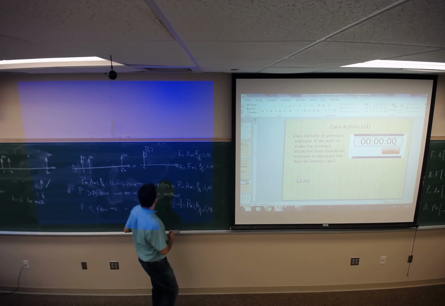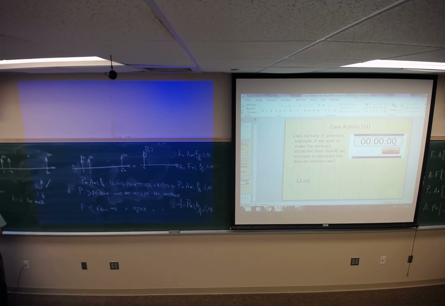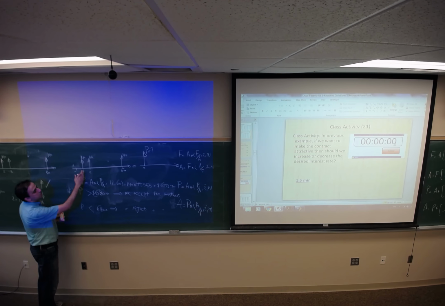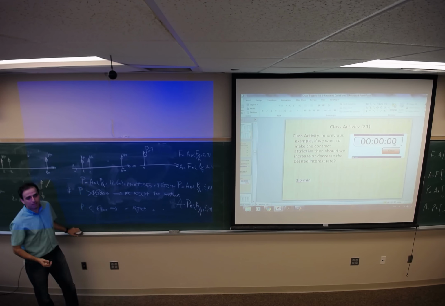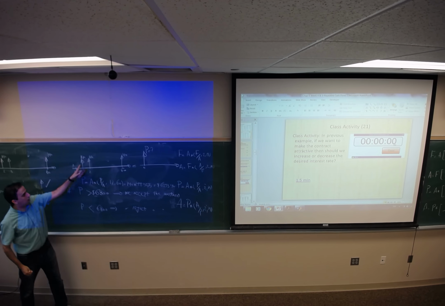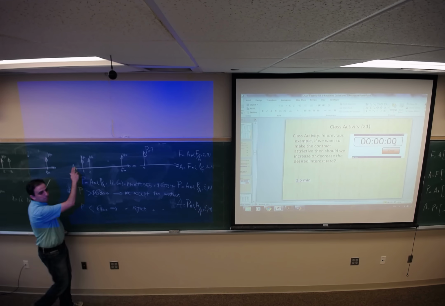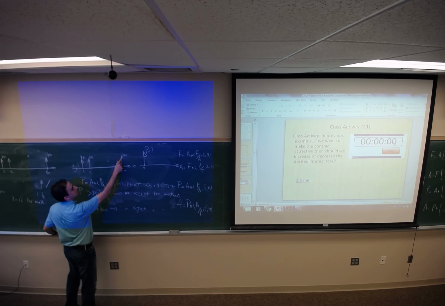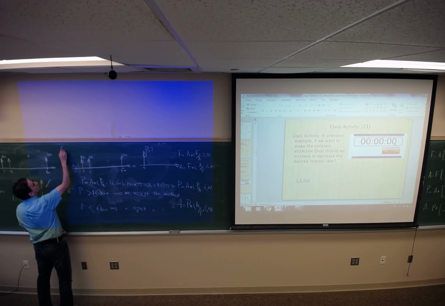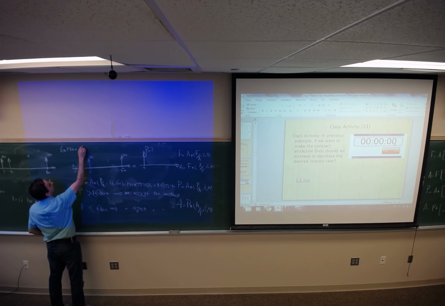Suppose interest rate is 0, okay? If interest rate is 0, it means money doesn't have any time value. So all payments have the same value, so I can add them up. 60 times 140 is gonna be $8,400.